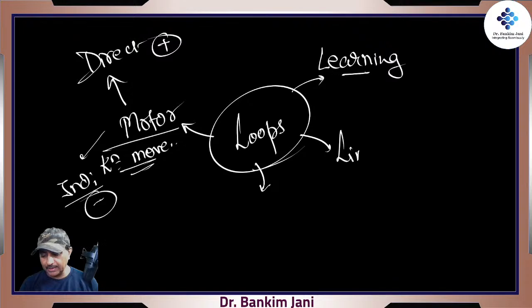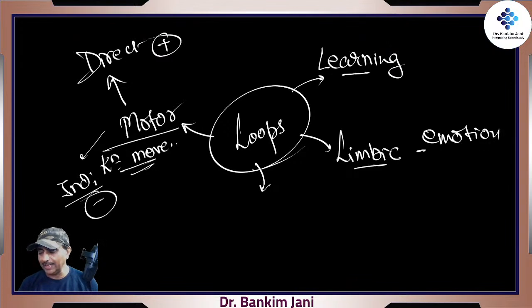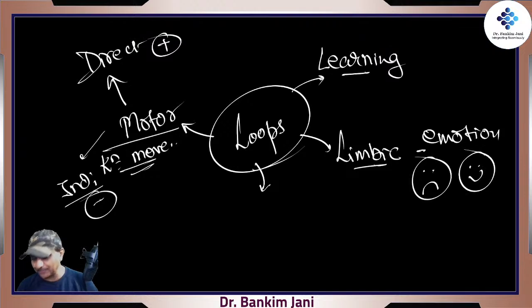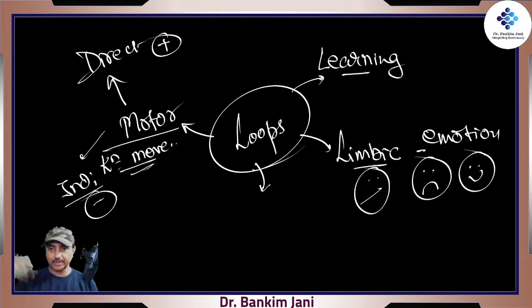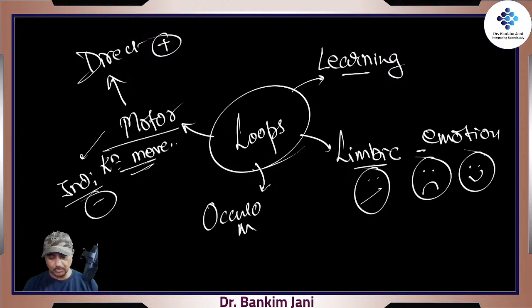Then the limbic loop, which handles simple emotions: why we look a certain way when we are in a good mood or not in a good mood. All those emotions, because the face represents a big area. Then we'll talk about the oculomotor loop, which is very interesting.